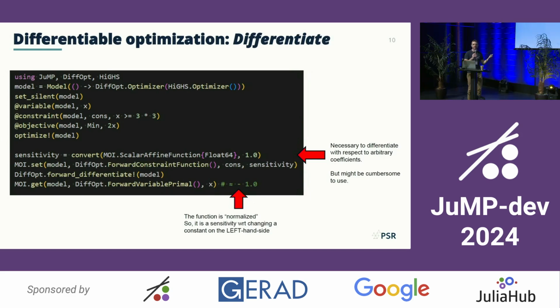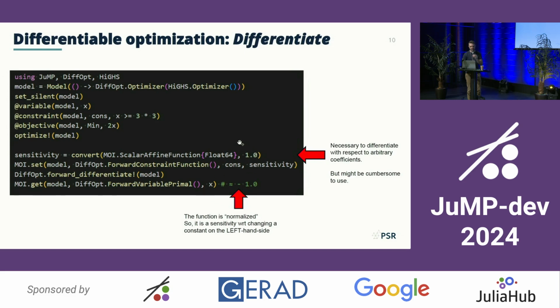But this might be a little cumbersome for some reasons. Defining this function is sometimes a lot of work. Sometimes your parameter will appear in a bunch of coefficients. Sometimes your parameter is multiplied by some constant and things like that. Also, you have to be careful because you can see here that the derivative of x with respect to a change in the right-hand side is -1.